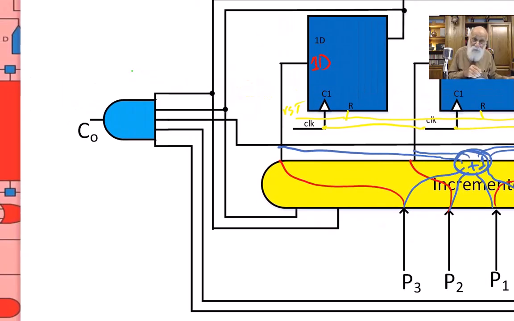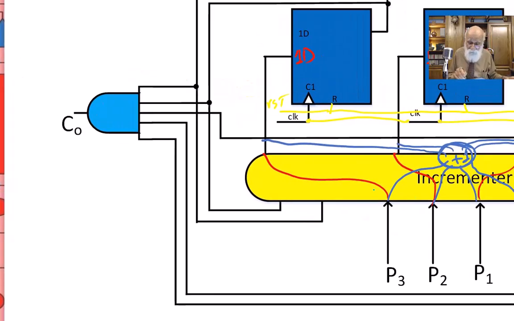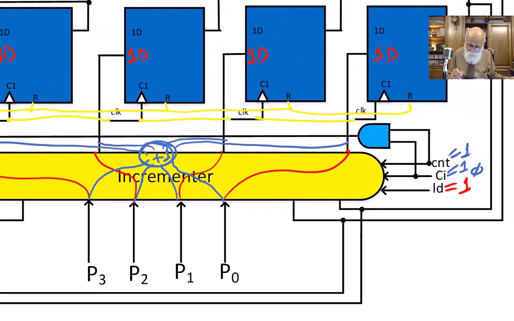And for cascading purposes, you also have a carry out. Carry out takes carry in and the count mode. That means if you are counting, and your carry in is 1. Remember the AND gate I put in one of those earlier counters that ANDs the carry in and the enable together?